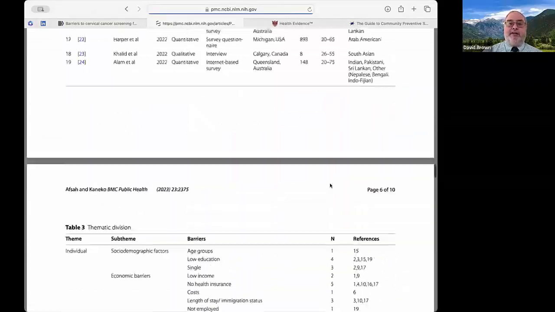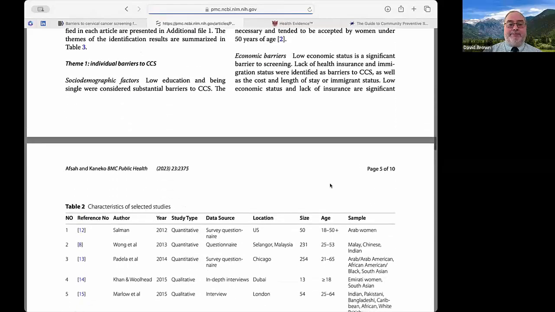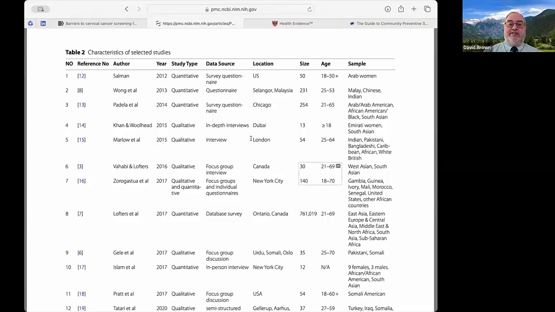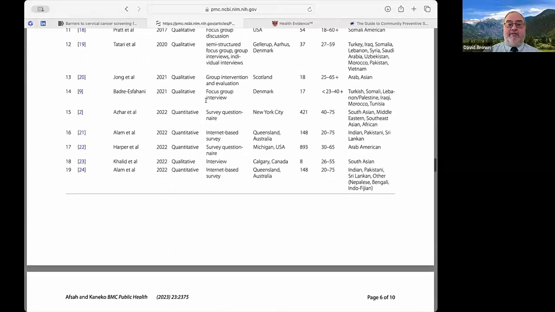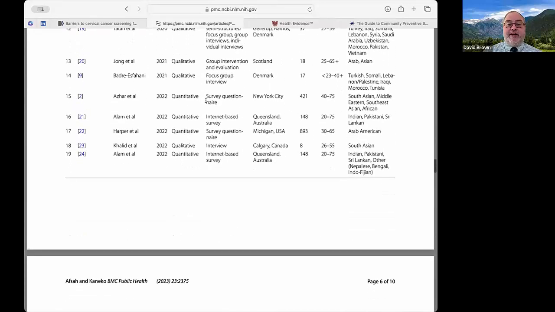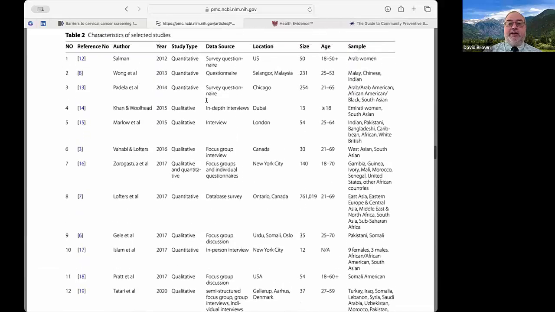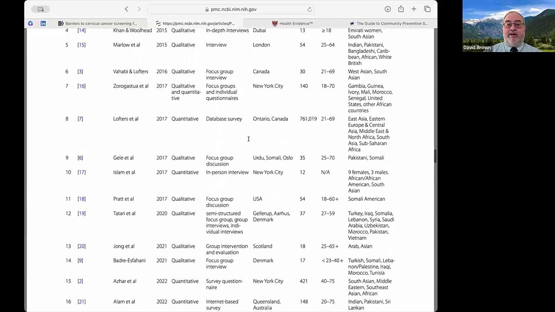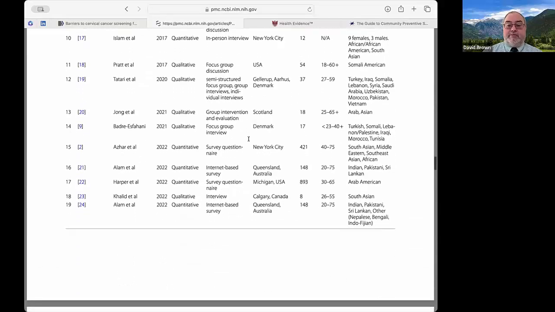And like I say, the nice thing about these types of systematic reviews is they tell you where they got these things and what it was. It goes through this whole process. It really gives you an idea of what research has been done in this area and what part of the world it is. Again, as you see, not a ton of things in the United States, but there are several.